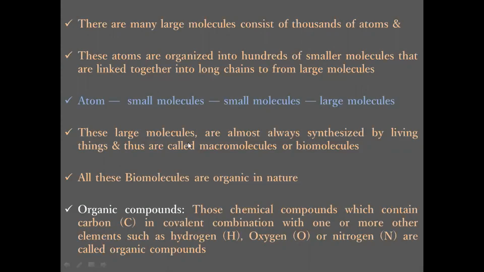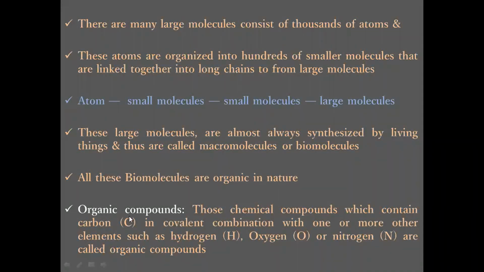These large molecules are almost always synthesized by living things, and thus are also called macromolecules or biomolecules. So these are the molecules produced by living things. All these biomolecules are organic in nature.